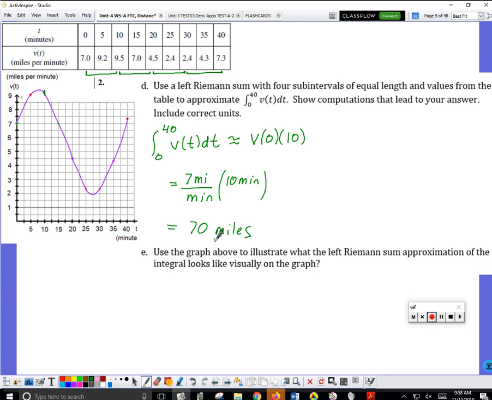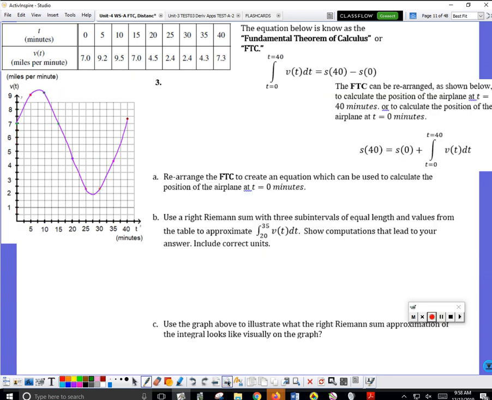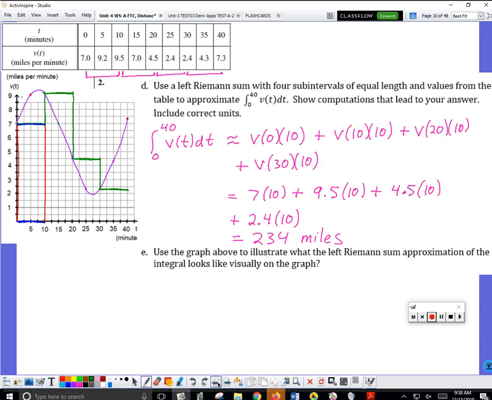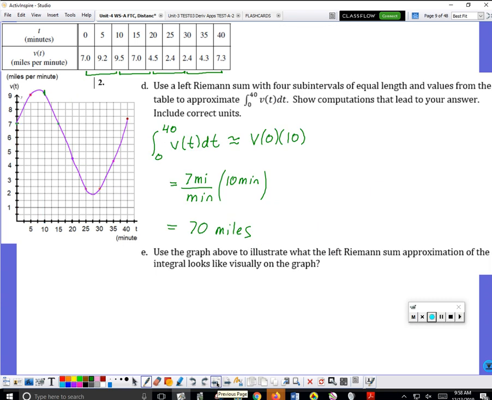That's the fundamental theorem. We've talked about that before. It's right here. When we're integrating velocity, when I integrate the rate at which position changes, I find out how much the position changed. That's what happened here.